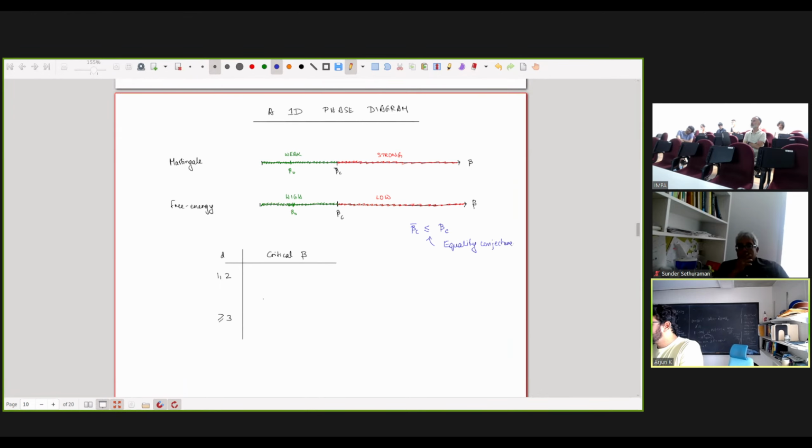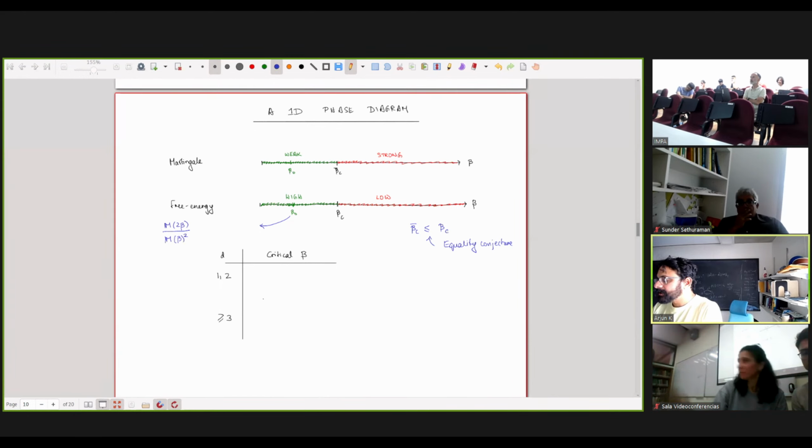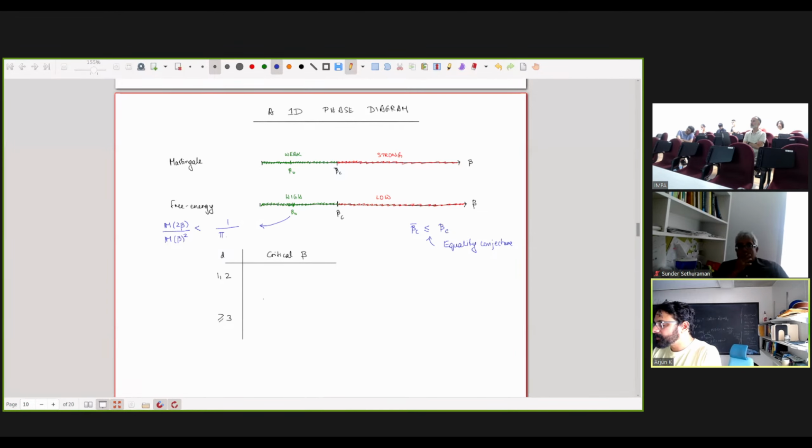And I also want to highlight this beta naught. It's the largest beta such that M2 of beta over M beta squared is strictly smaller than 1 over pi d of P. Okay, so I didn't highlight this earlier.